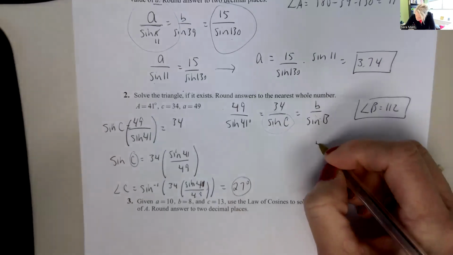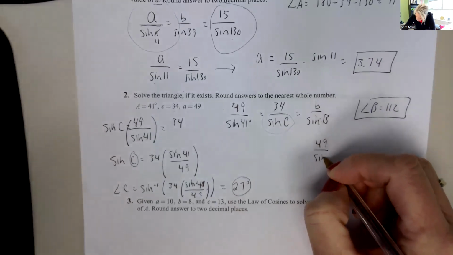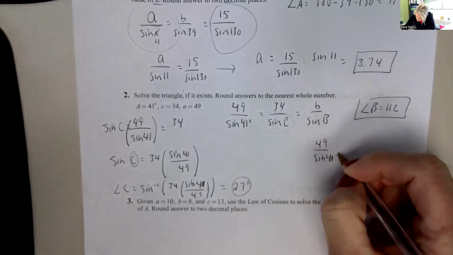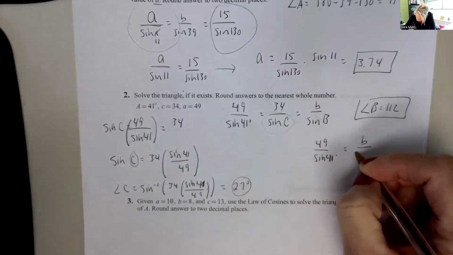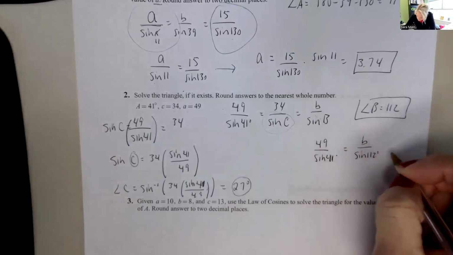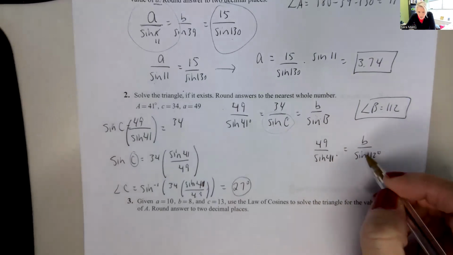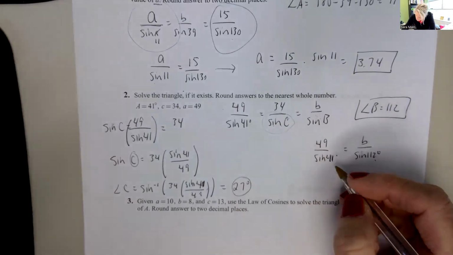So I can use 49 over sine of 41 degrees is equal to side B over the sine of 112 degrees. I'm going to multiply both sides by the sine of 112.